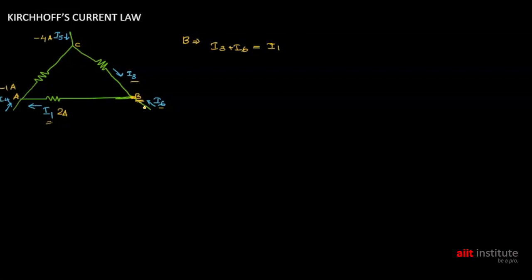We know the value of I1 is 2 amperes. So from this equation we can write I6 equals 2 amperes minus I3, which is equation 1. So to find I6 we have to find I3 now.